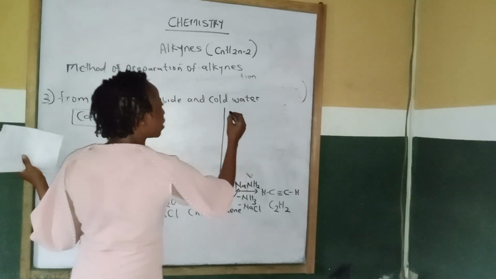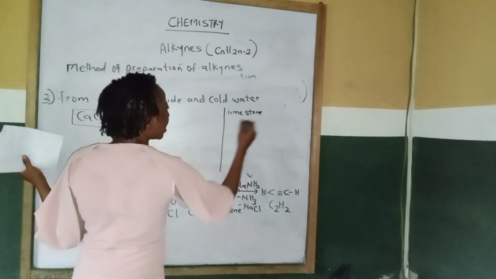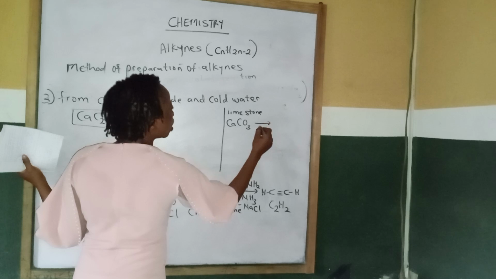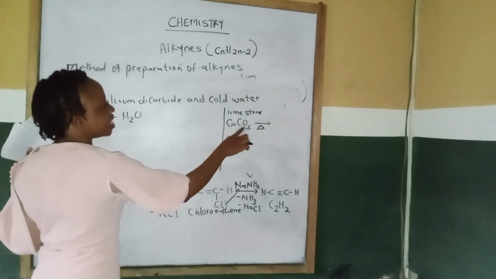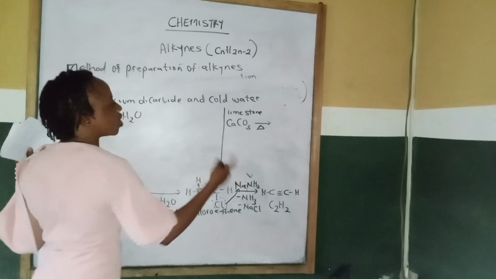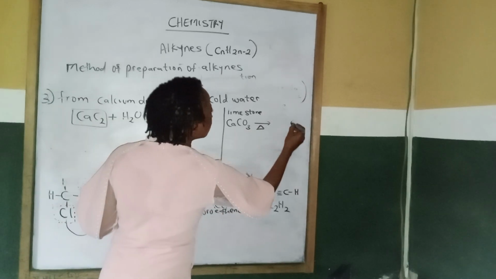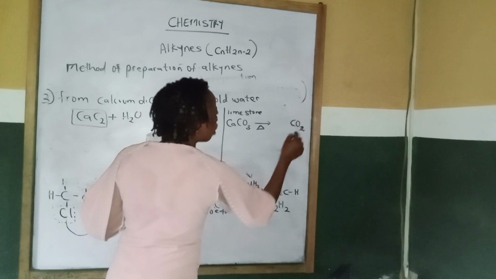The chemical formula for limestone is CaCO3. When limestone decomposes, it will first liberate CO2, carbon dioxide.